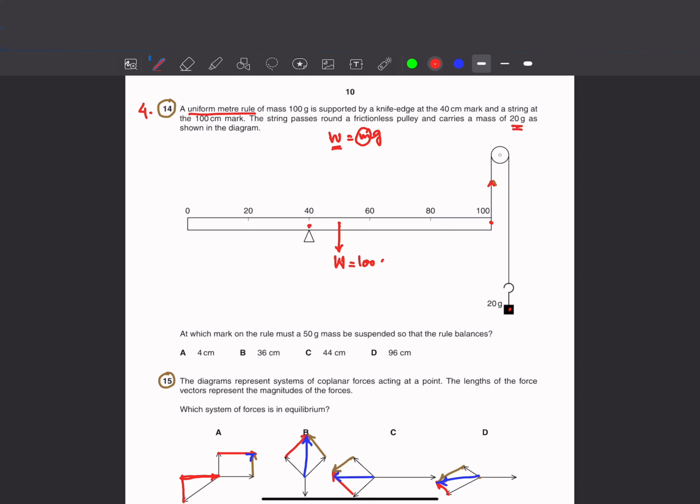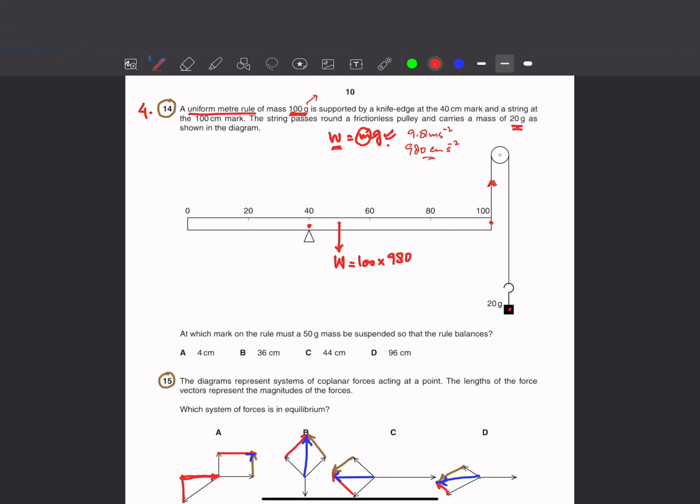If you want to write the weight, you can say this is something like 980, because if we are taking 100 gram, then g will be 980, not 9.8, because 9.8 is meter per second square. But in this case, as we are dealing with gram, this will be 980 centimeter per second square. So this is what we have for the weight.